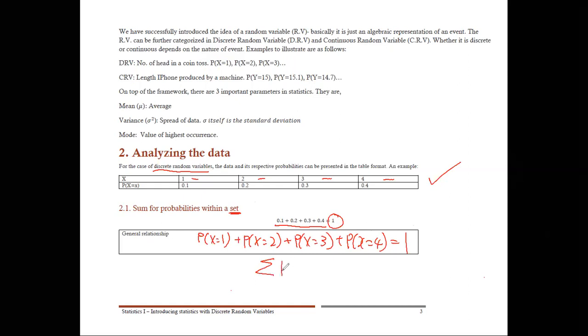The summation of P(X=xi) must be equal to 1. This will be the first relationship that we are looking at. Under the same universal set, if I sum up all the probabilities, it should give you the value 1. Okay, let's move on.